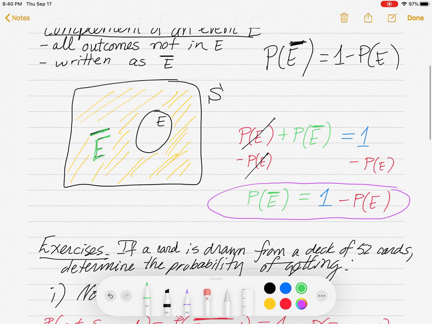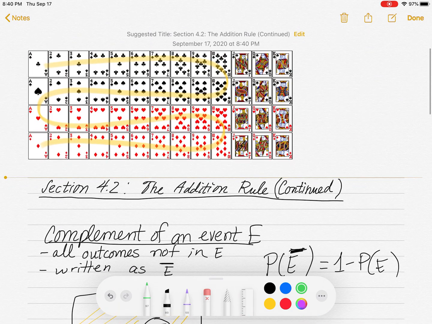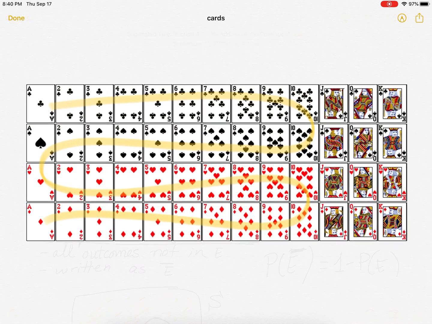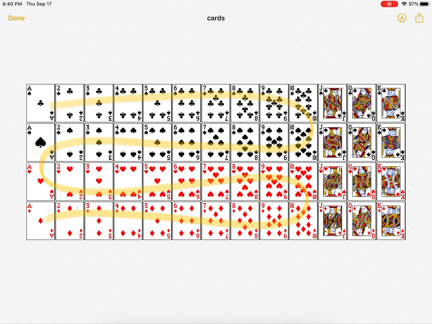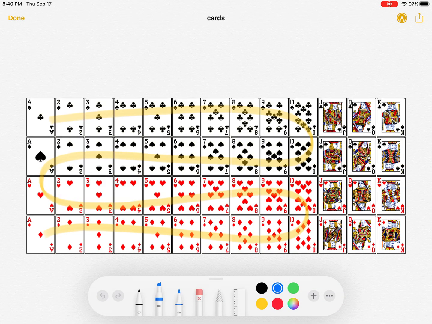So basically another way to do this, you could have counted up all your cards that are not number cards and that are not aces. So basically it's these face cards over here. These face cards over here, I'm highlighting in blue, are neither aces nor number cards. And that's a really easy way to do it.